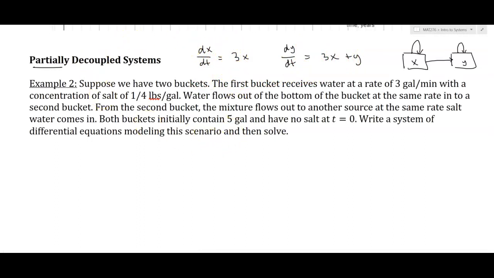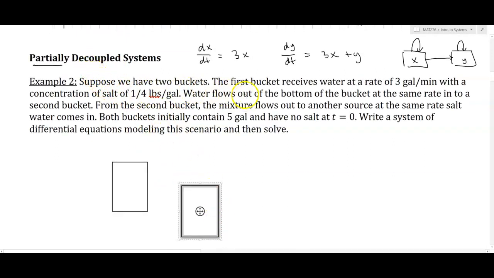So let's suppose that we have two buckets, and I'm just going to draw these two buckets. Here's a bucket, and then maybe here's another bucket. The first bucket receives water at a rate of 3 gallons per minute with a concentration of salt of 1/4 pounds per gallon.